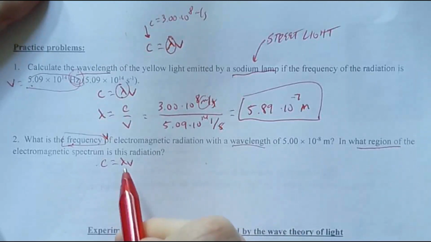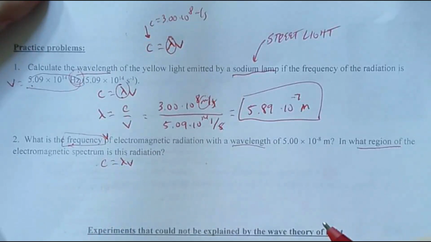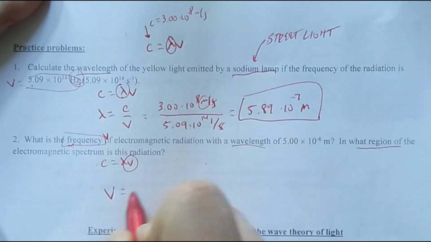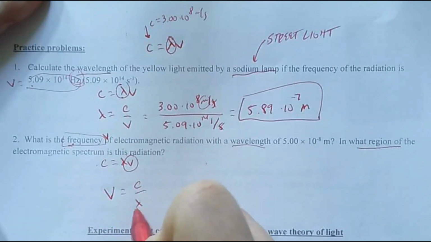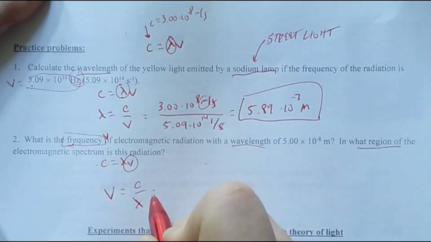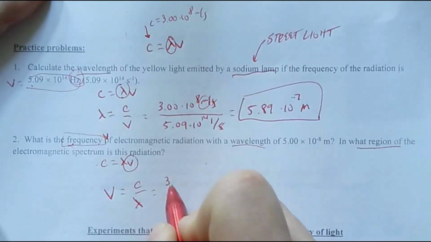If we're talking about light, we always know what the wave speed is, because it's that 3 times 10 to the 8th. So in this case, we want to solve for frequency, so we're just going to rearrange our equation and plug in our values.